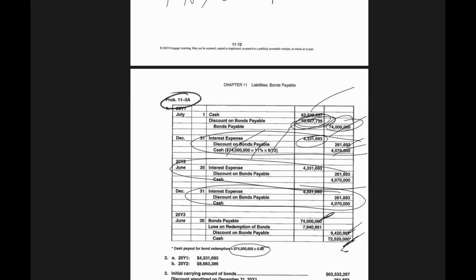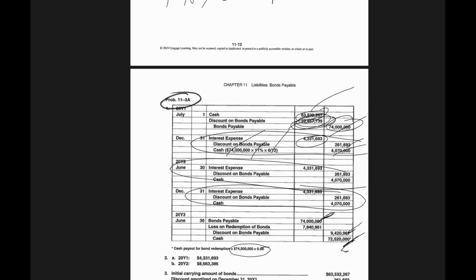We would have to factor that amount in there. So we have several payments that we made that would reduce that discount. And here it is. Here's the initial carrying amount, 63 million right here. And then there were three payments, three times it was paid.